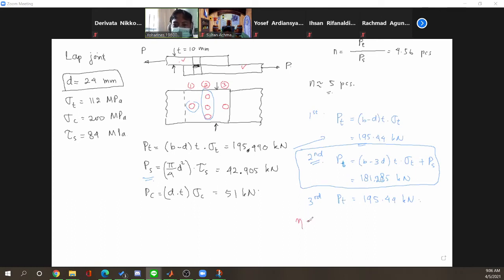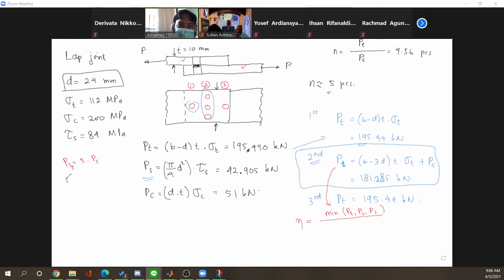So the efficiency of the joint should be the weakest part of this one, the minimum of PT, PC, and PS. Oh, wait, we have to calculate the total. For PS we have 5 rivets times this.